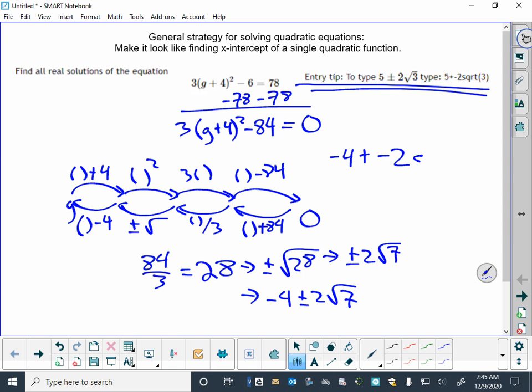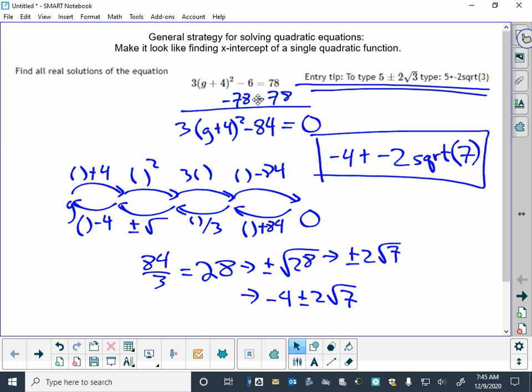We've got a 2, and SQRT will make the square root symbol with a 7 in it. So putting this in the answer box should get me there. Okay, so there's an example that works out to be a vertex form. We get it set equal to 0 and solve it from there.